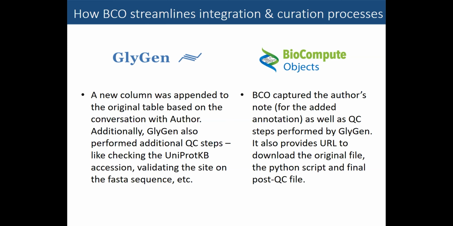BCO also helped us capture the QC steps that we performed. Then through BCO, a user or the author can access and download all the files because we provide the URLs to do so.